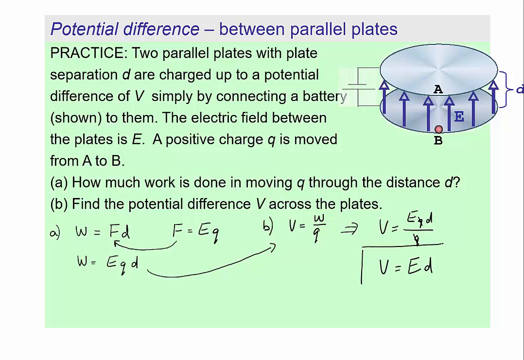And this is a really, really useful equation, which I imagine that you'll have cause to use sometime when you're doing some problems for this. But getting to this point is actually not that much of a challenge to show that the potential difference between those two plates is related to the electric field strength and the distance between the plates.